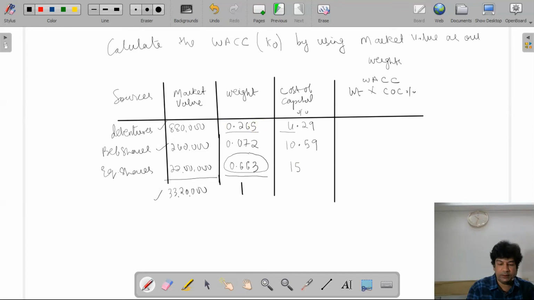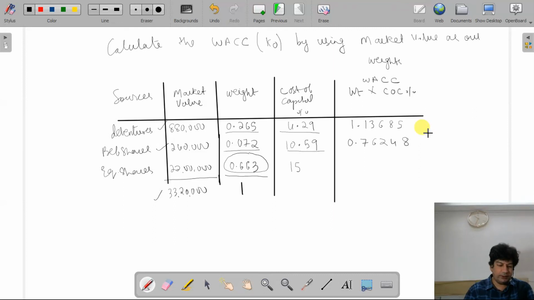So this and this I will be multiplying, that is weight into cost of capital. 0.265 into 4.29, so I'm going to get 1.13685. Then 0.072 into 10.59, so we are going to get 0.76248.